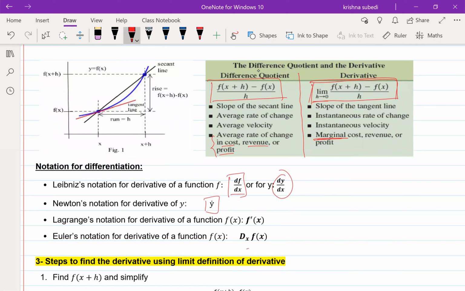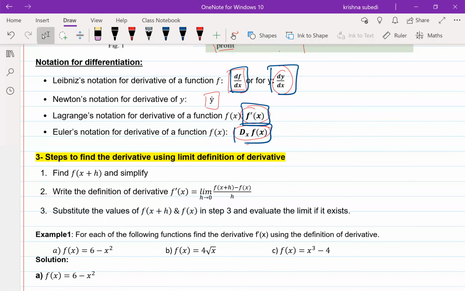Lagrange's notation is f prime of x, and Euler's notation for the derivative of a function is D sub x f of x. Among these, we will mostly use either this or this in this course. We rarely use Newton's notation.